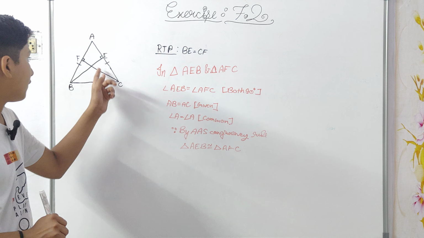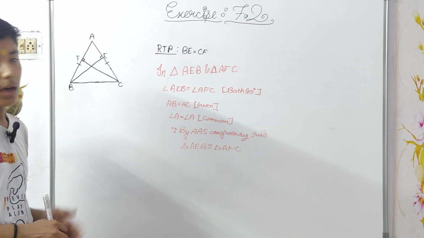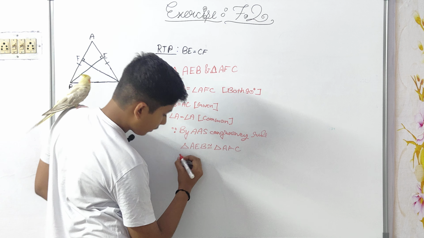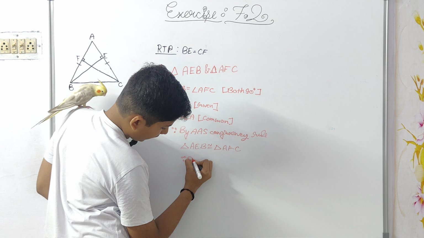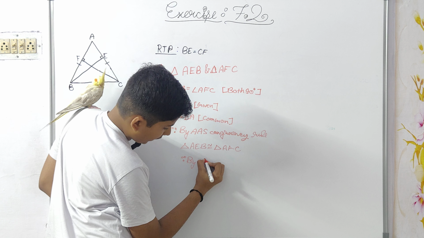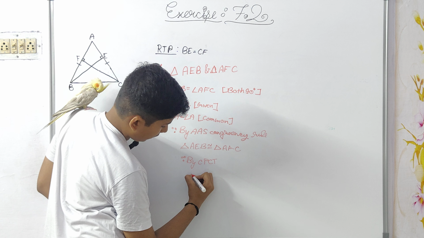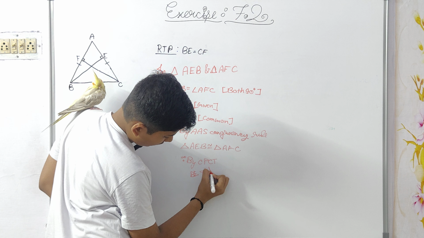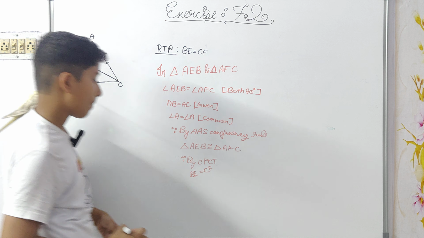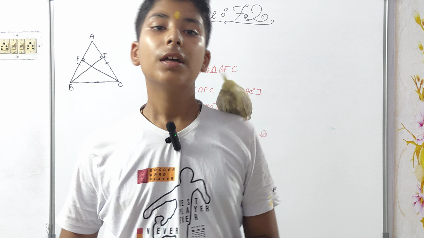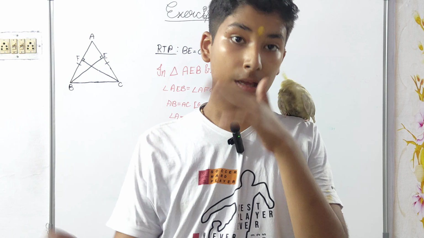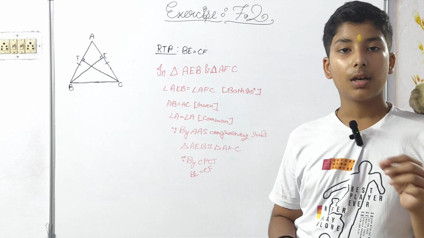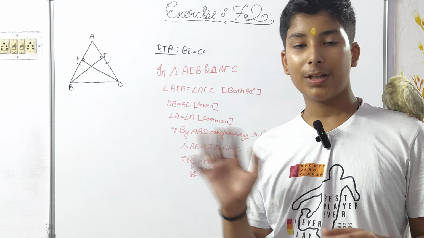Now, by CPCT, we can say that these two bases are also equal. Therefore, by CPCT, BE equals CF. Hence proved. Now this video is ended, and in the next video I'll continue with the 4th question. Until then, bye bye. See you all in the next class.